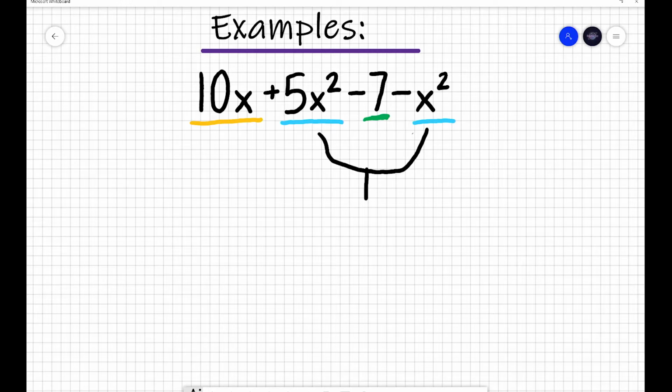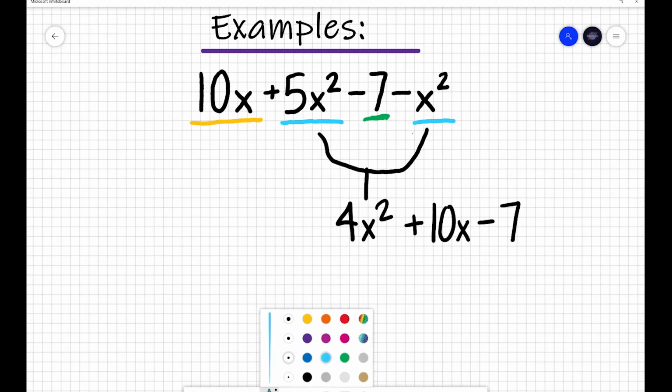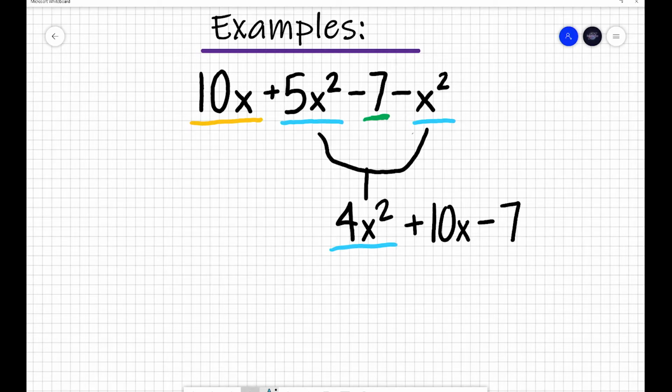So here you would do 5 minus 1, which is 4x squared, plus 10x minus 7. This is how you would rewrite it.